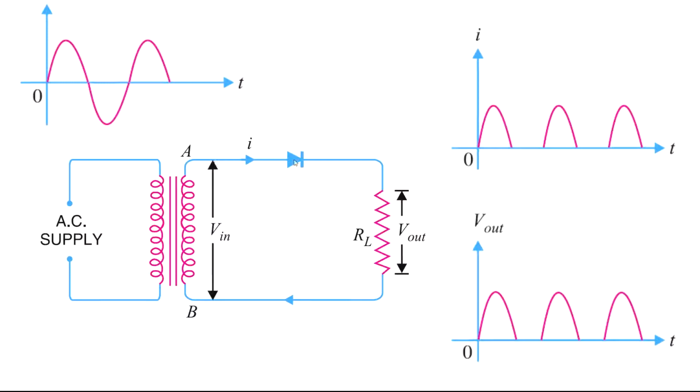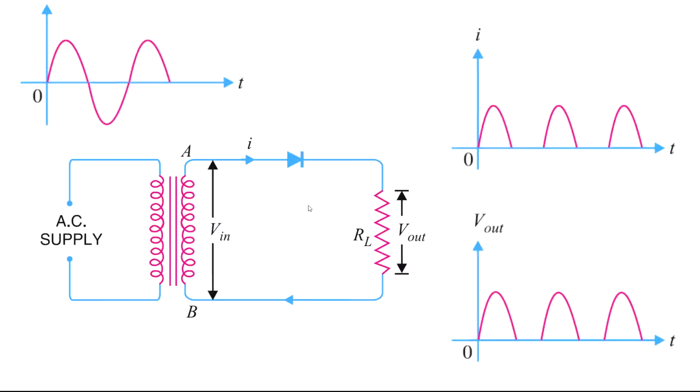Next, come to the diode. This is the diode symbol; here is the anode, and this is the cathode. When the anode is at higher potential compared to the cathode, or when the anode is connected to the positive side of the supply and the cathode to the negative side, it is in forward bias.